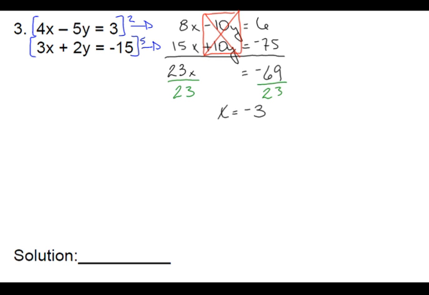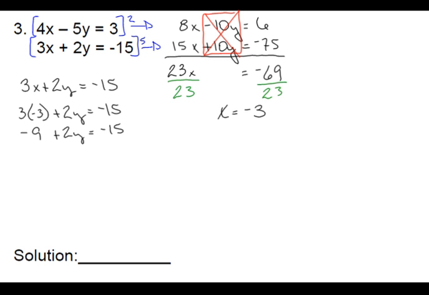I now choose one of my equations, top one or the bottom one, to work with. I'm going to use the 3x plus 2y is equal to negative 15. 3 times negative 3 plus 2y is equal to negative 15. Always make sure you're substituting for the correct variable when you go back to this step. So this is negative 9 plus 2y is equal to negative 15.